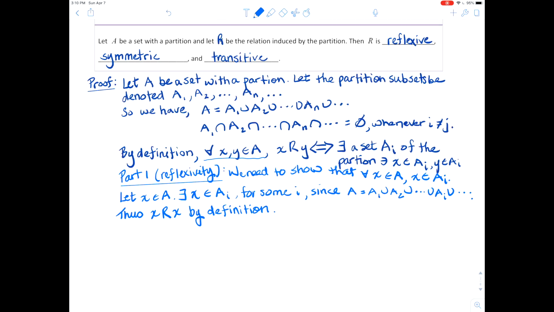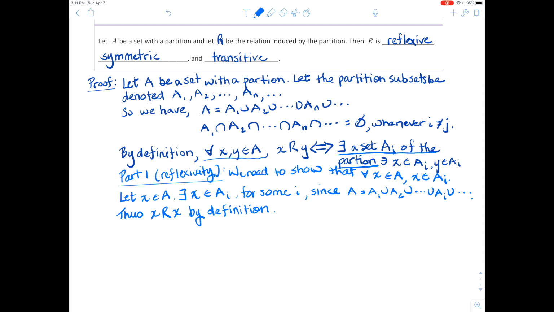So what we did here is this. We said that there's got to be a set AI of the partition such that both x and y belong to AI, but x was equal to y in this particular case.